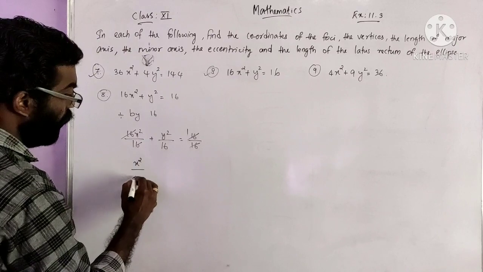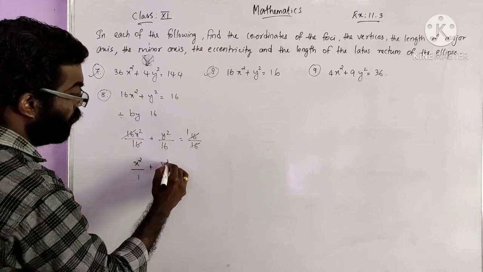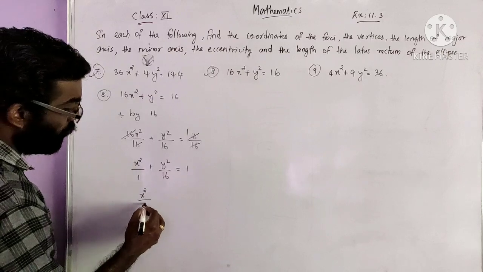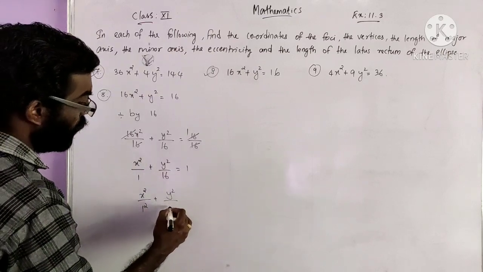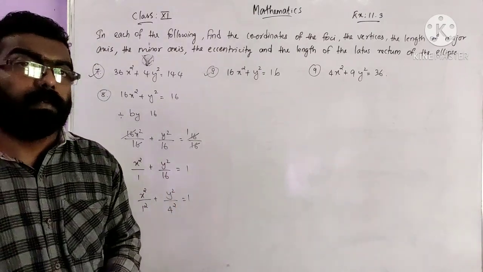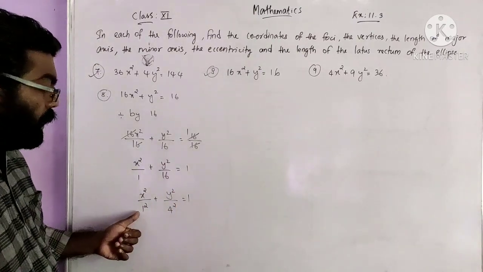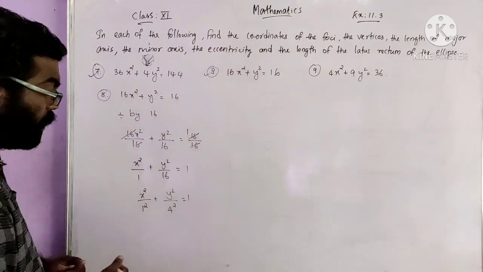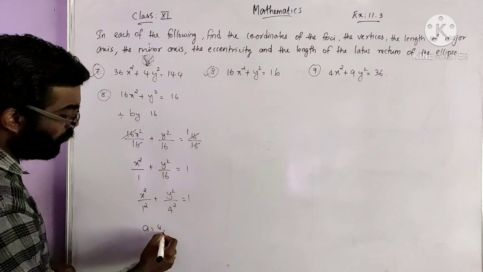So x square by 1 plus y square by 16 equal to 1. Or we can write x square by 1 square plus y square by 4 square equal to 1. It's also of the second type. First number is less than the second one, x square by b square plus y square by a square equal to 1. So a is 4 and b is 1.